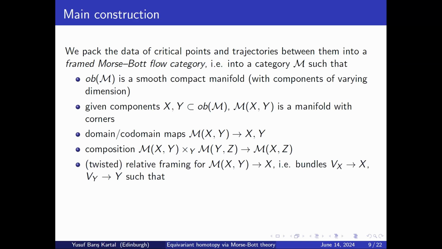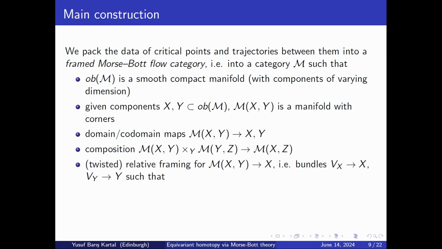Framing normally means a trivialization of the stable normal bundle: you embed into some R^n, and then you trivialize the normal bundle, at least stably. In our case, it's a twisted relative framing for this projection map, the evaluation map from M_XY to X. So this is the domain map.